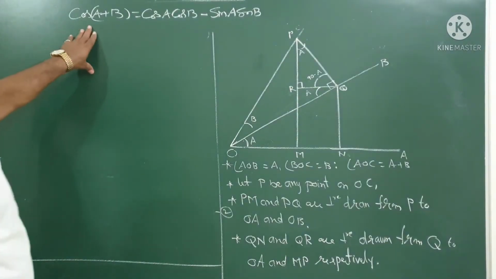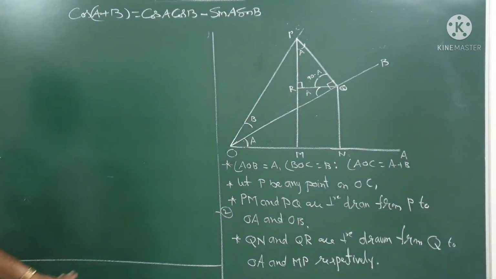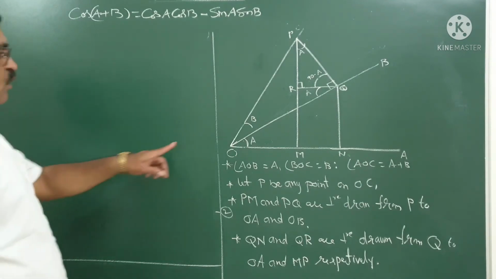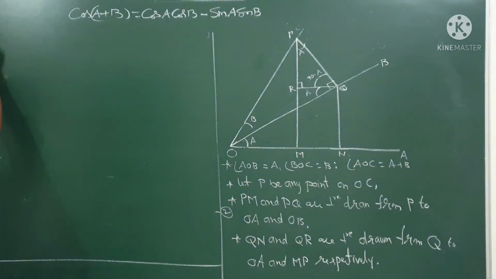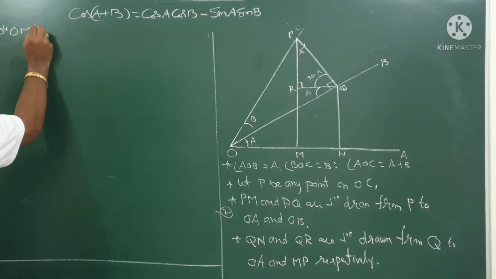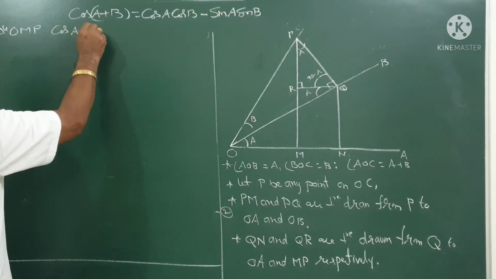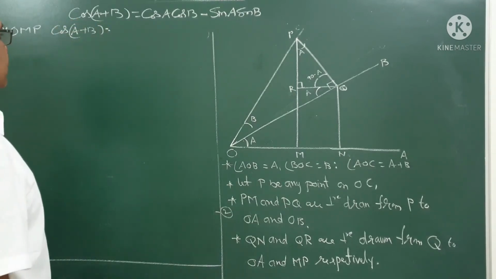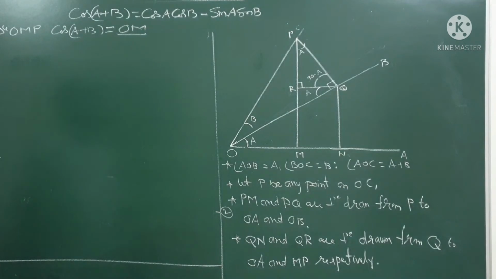The next identity is cos of A plus B is equal to cos A cos B minus sin A sin B. Now the diagram is same, construction is same as sin of A plus B. First one, from triangle OMP, cos of A plus B is equal to adjacent side OM by OB.